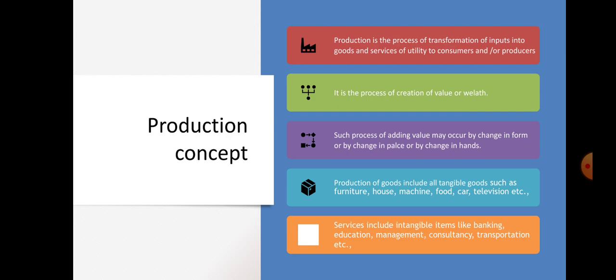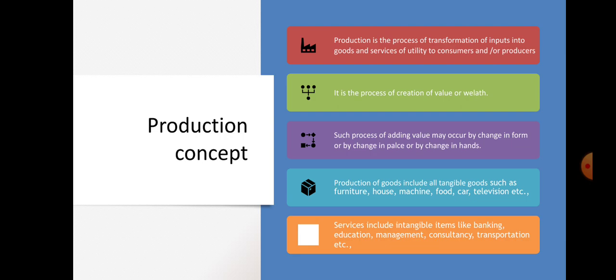Or in a simpler way, it can also be called a process of creation of value or wealth to a product or service. Such a process of adding value may occur by change in form or by change in place or by change in hands.